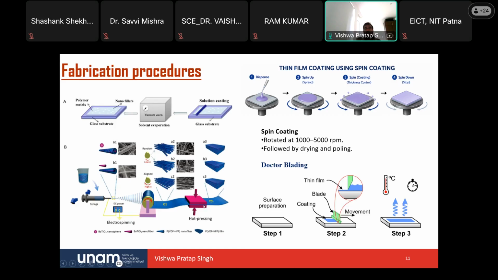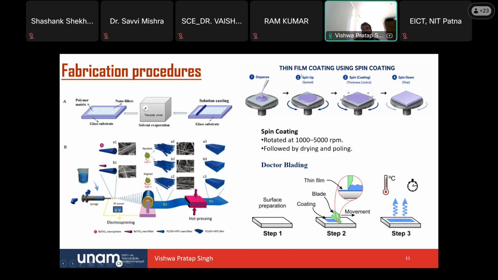With hot pressing, you will not get a very thin film, and obviously you need to apply high temperature, and that might destroy the structure, but that's not the big issue. The big issue in hot pressing is that you will not be able to get a very thin film, and removing that thin film from the hot pressing chamber is a really tough task.